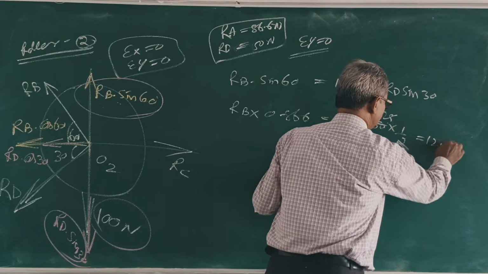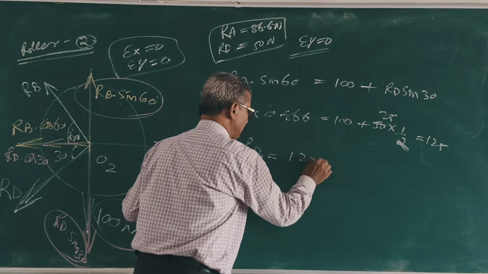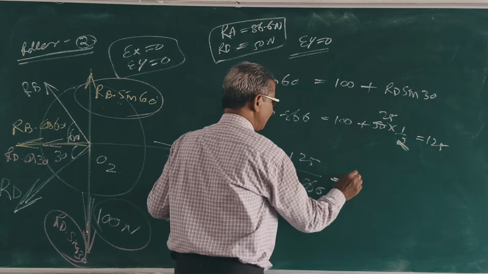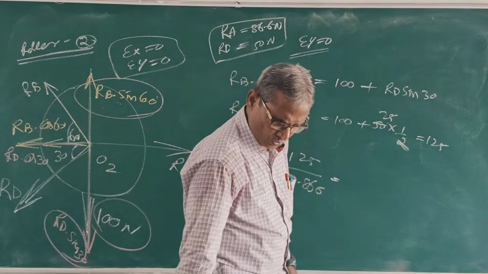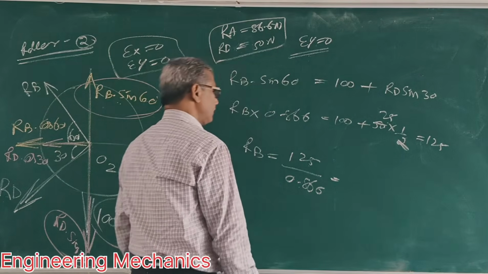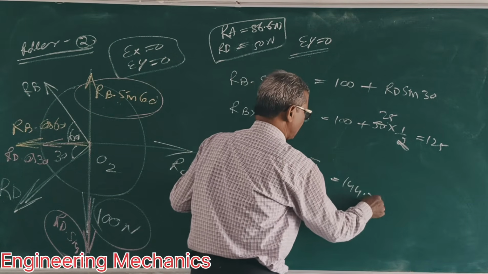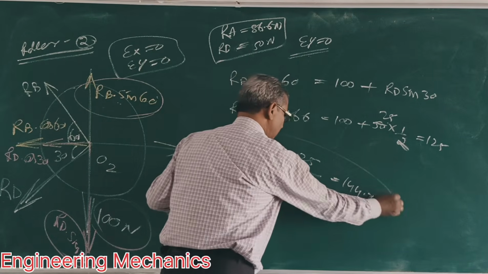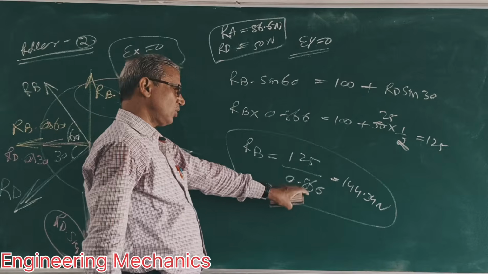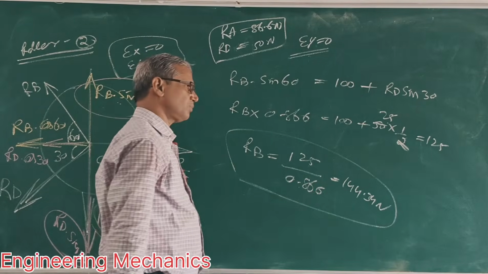So RB is equal to 125 by 0.866. You can find RB is equal to 144.34 Newton. You solve using a calculator. Clear?